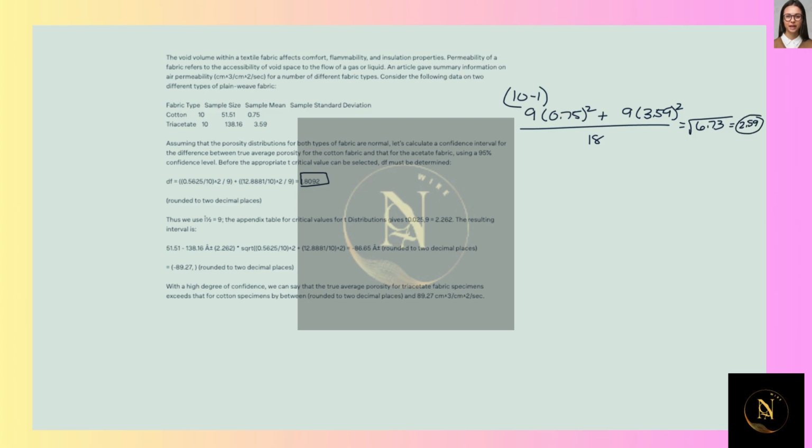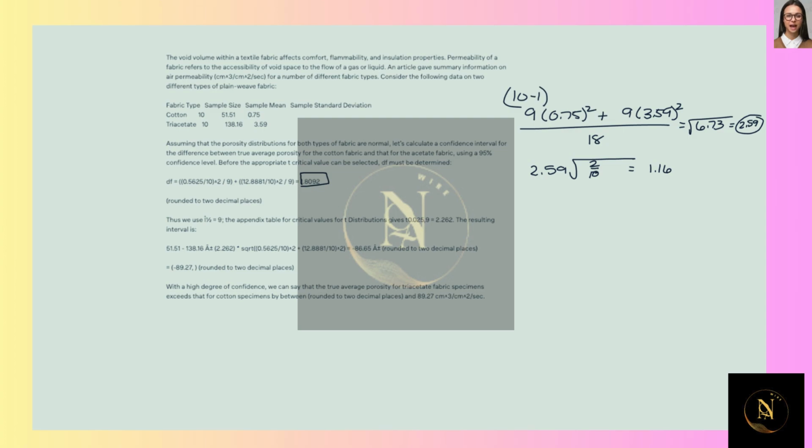Then what you're going to do is take 2.59 and multiply that by the square root of 1/10 plus 1/10, which is 2/10. And so then that is going to equal 1.16.